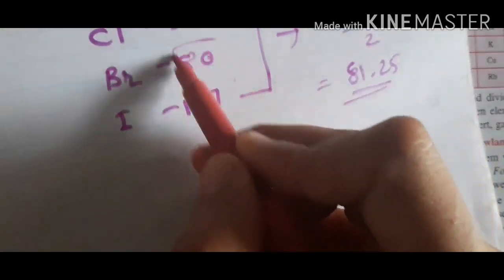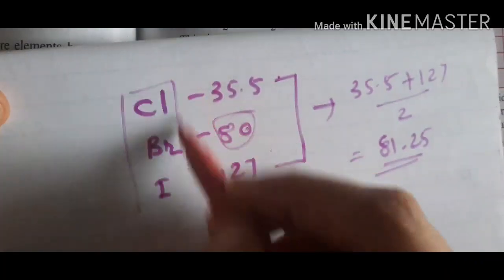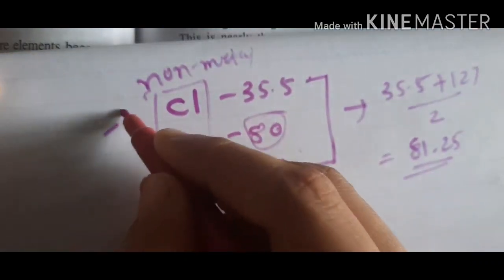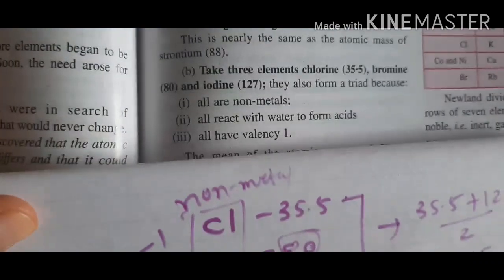80. And another thing, all three are non-metals, all three have a valency of -1, right?